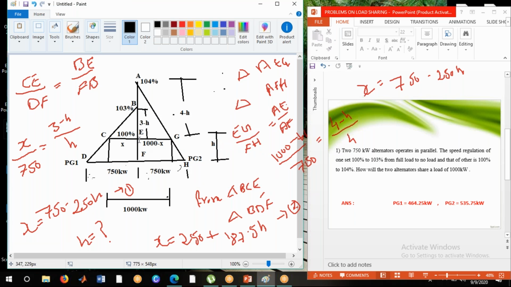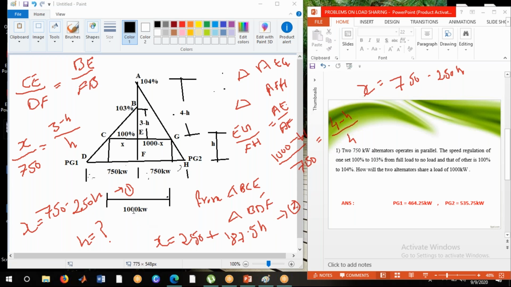So from AF, EF is H. From DE it is 3 minus H, and for A it is 4 minus H. So now I think you're clear, right? The height is given by the regulation, the 100% regulation of the two generators. So here the H value is 1.14.